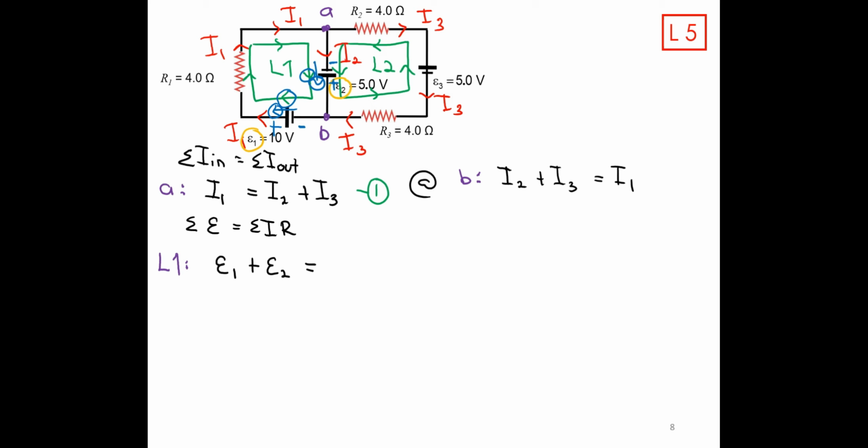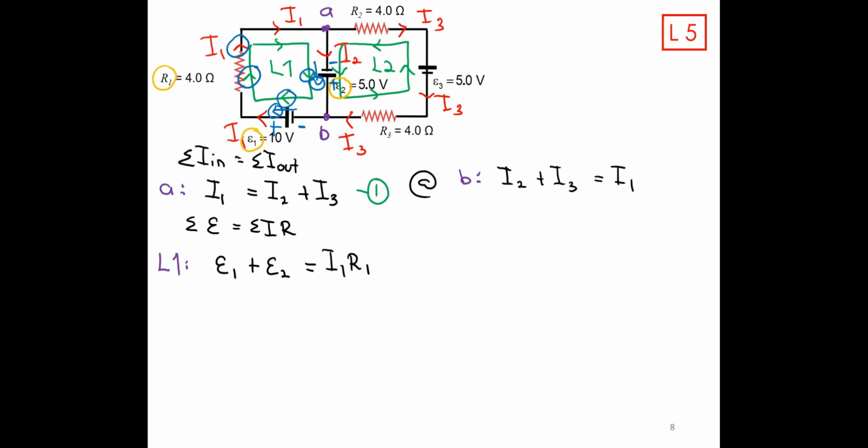Now for the product of current and resistance. For loop 1, you just have one resistor, which is R1, and the current across R1 is I1. The direction of I1 is in the same direction as the loop, so it is positive I1 R1.